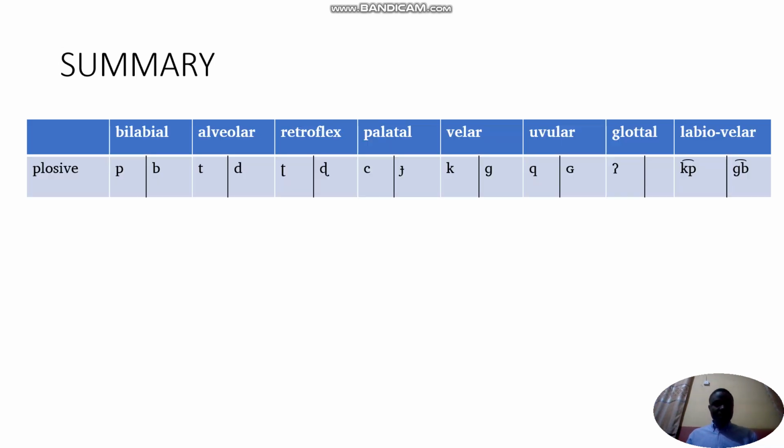This is a summary, and I'm taking it from the beginning through to the end. This summary helps us to see from the very closed sound, bilabial, to the more open sound, glottal.